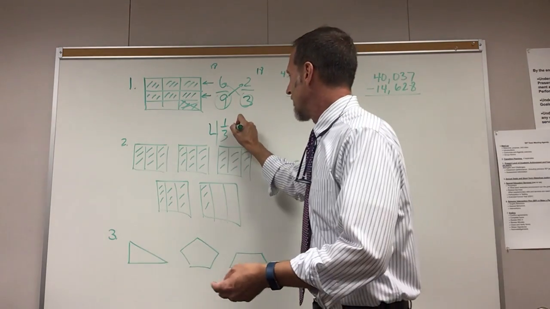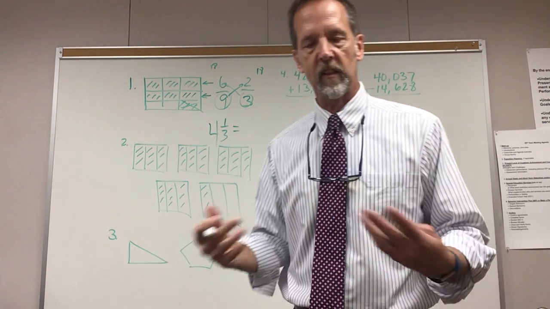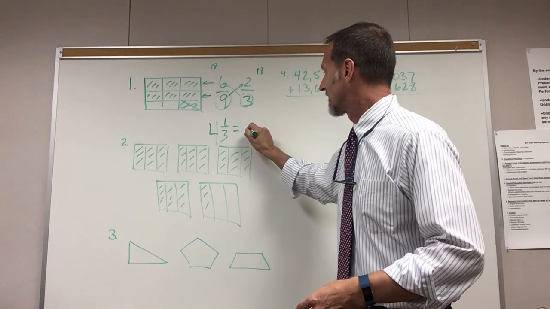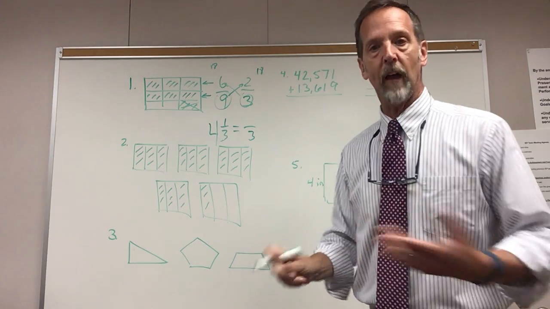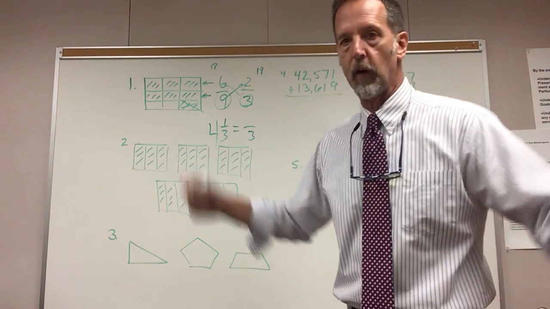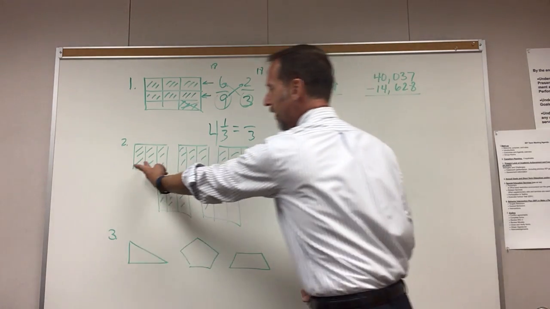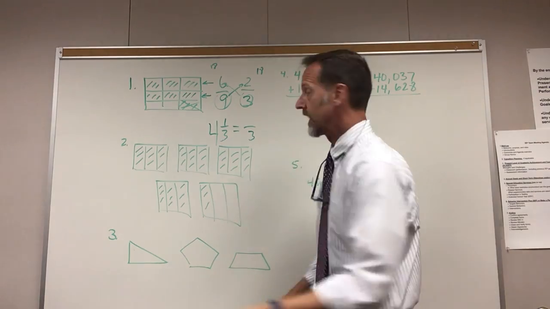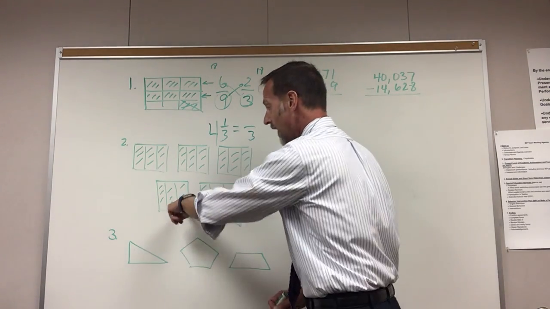Now, when you go to do the improper fraction, an improper fraction is simply this. They're all in thirds. Your denominator always stays the same. Now you simply want to see if each piece of this is 1/3, how many thirds do you have altogether? How many thirds are in this picture? 3. How many are in this one? 3. How many are in this one? 3. How many are in that one? 3.